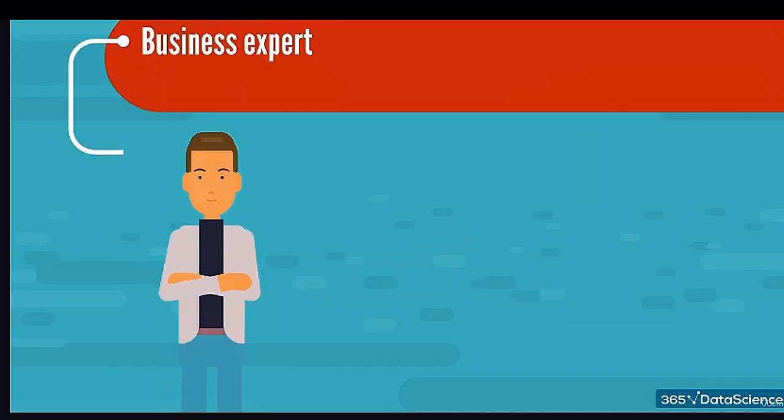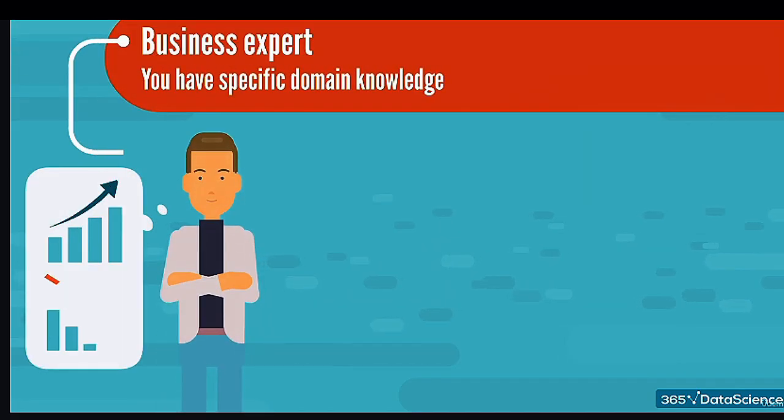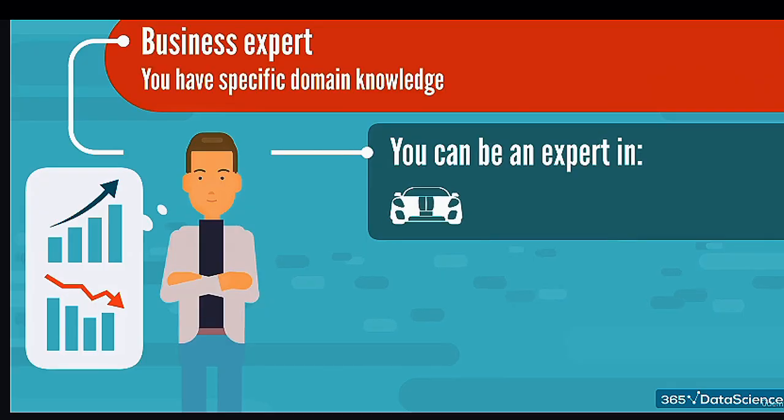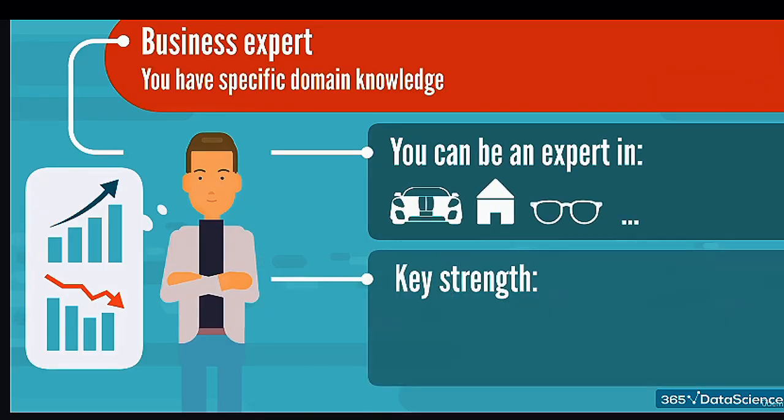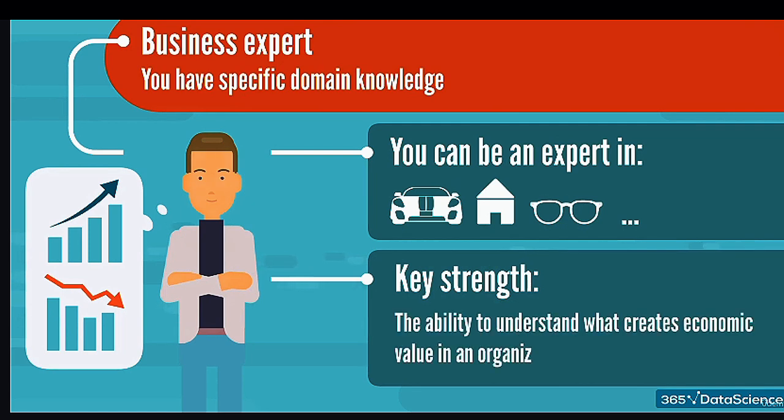Therefore, if you're a business expert, you are someone who has specific domain knowledge that allows you to understand how a specific economic activity functions. A person can be an expert in the automotive industry, in real estate, optics, and so on. Thus, the key strength of a business person is their ability to understand what creates economic value in an organization and in an industry.